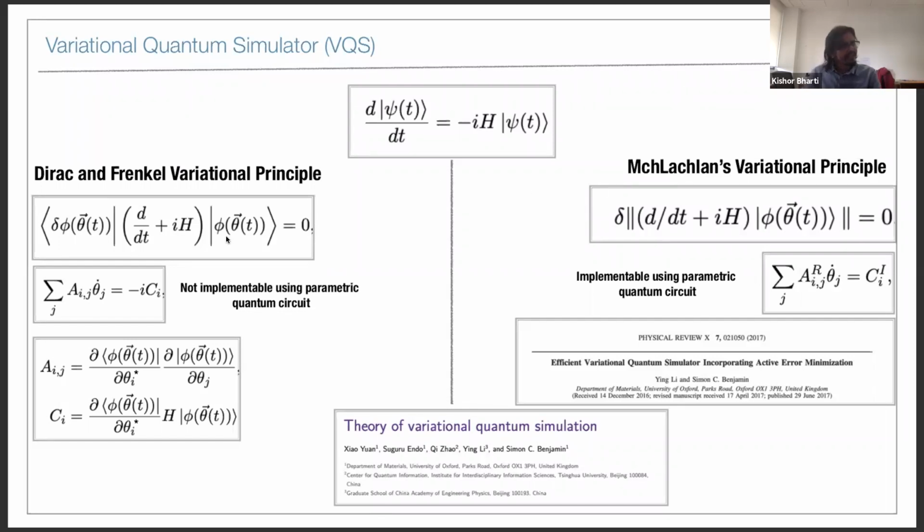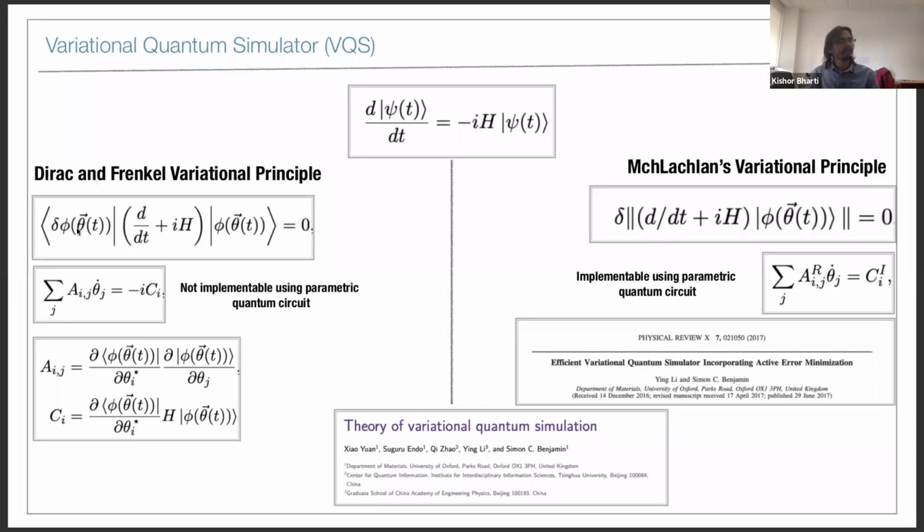So the idea is that you can represent your quantum state psi using some parametric quantum circuit phi theta t, and if you tune your parameters theta, that can help you mimic the evolution of the quantum state on the quantum computer.